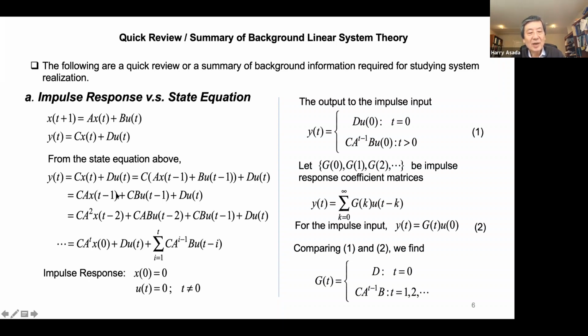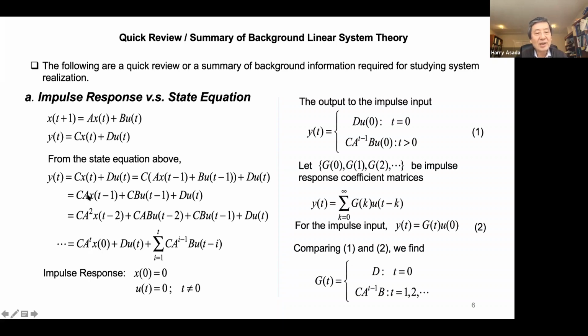So x_{t-1} can be further expanded using this, into x_{t-2} and then u_{t-2}. If you repeat this process, you arrive at x_0, which is the initial condition.